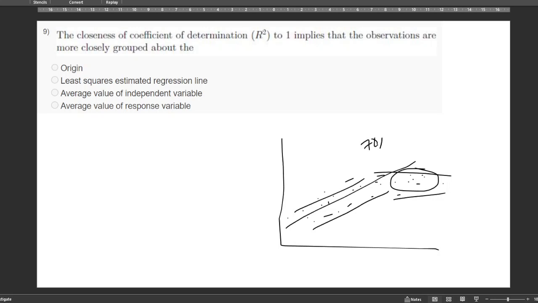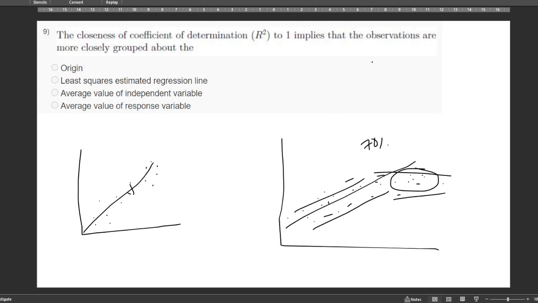So if it is 90%, it may be slightly deviating from this, but apart from that it should be following close to the linear regression line.